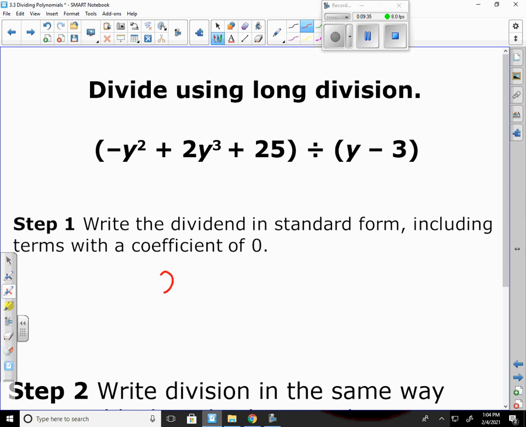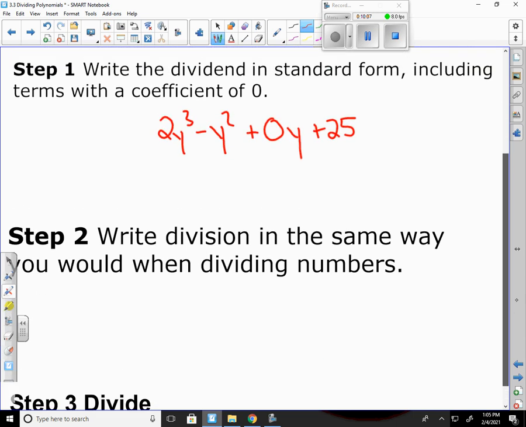And so that's going to be 2y to the third minus y squared. Now, what would come next would be just y, but I don't have that here, which means I need to write in a coefficient of 0, plus 0y plus 25. So now by putting it in standard form, and putting my coefficient of 0 in when it's just y, I'm now going to rewrite this into my proper form.